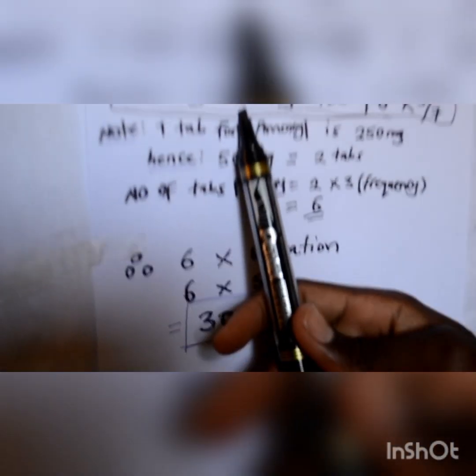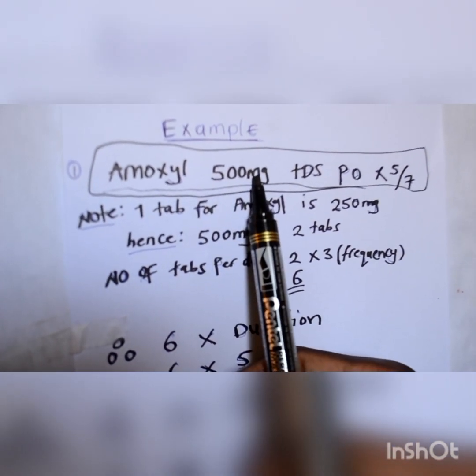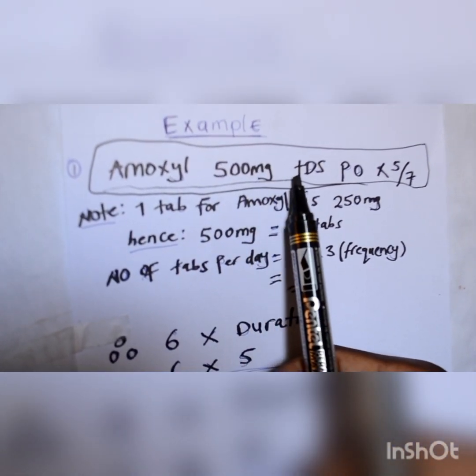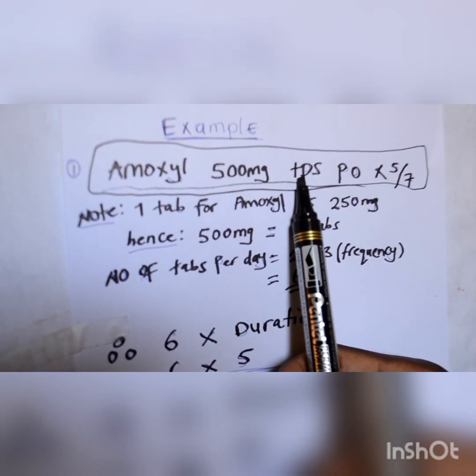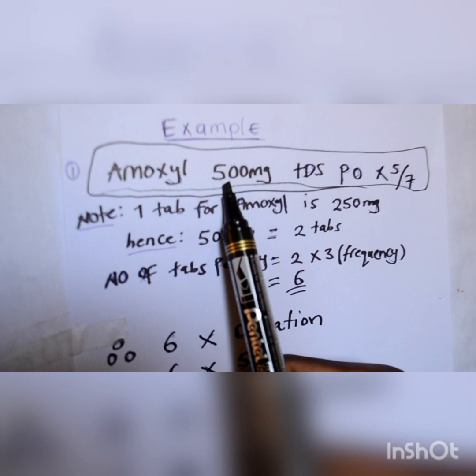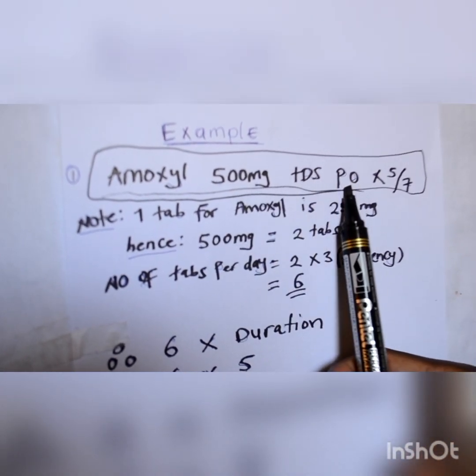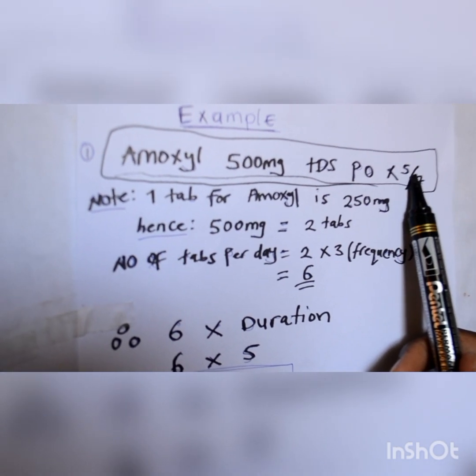In this case, you're giving out 500 milligrams to the patient, and this patient will be taking the strength of about 500 milligrams 3 times a day. The route is oral for 5 days.